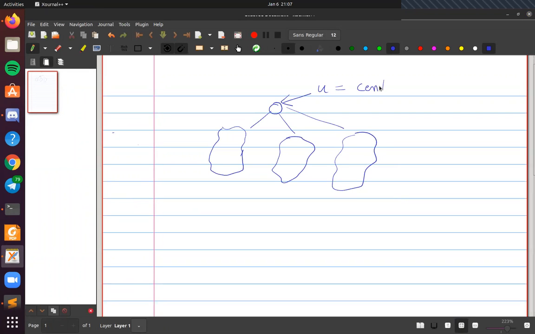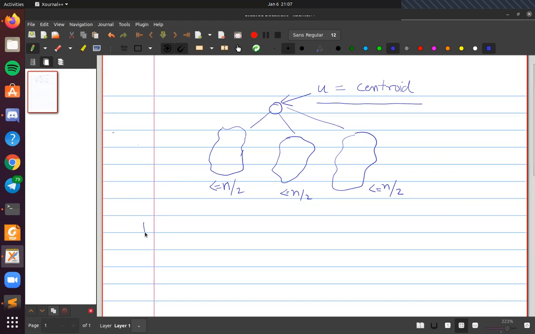Sorry, I used the word graph; these are all defined on trees. If I remove this node, the remaining components all have less than n by 2 elements, or less than or equal to if there is an even number of elements. Then I say that this node is a centroid of the tree.